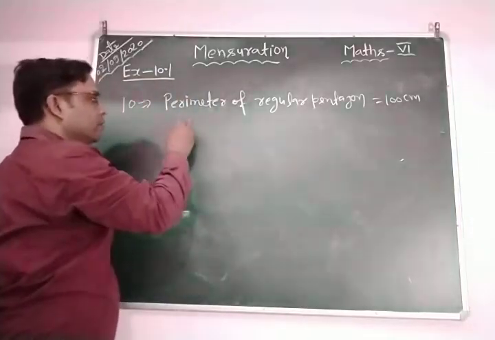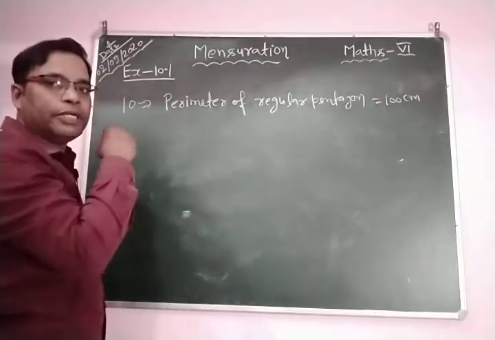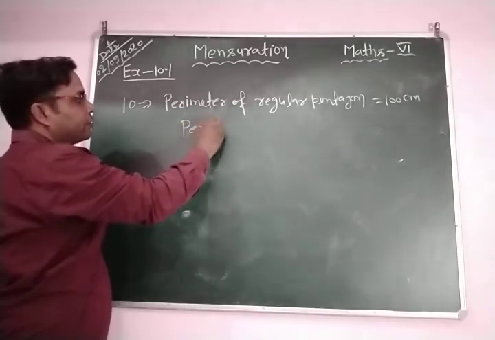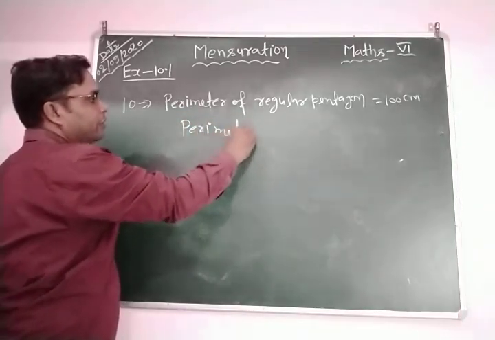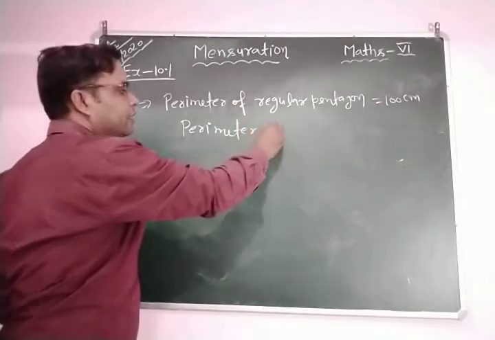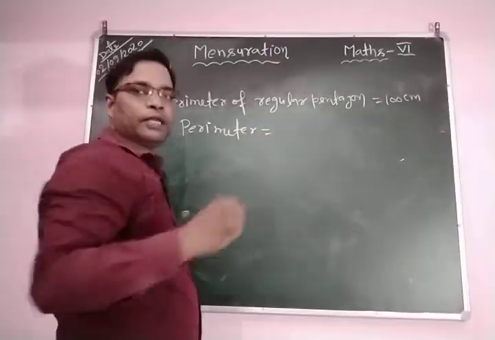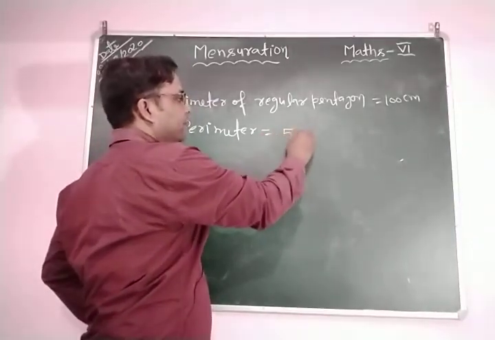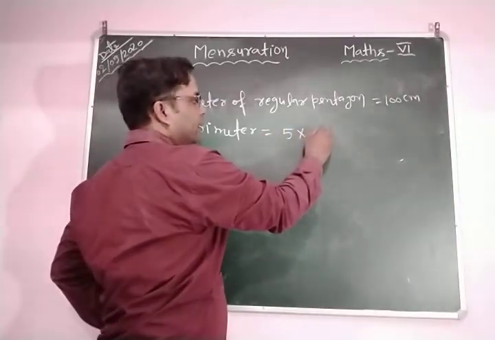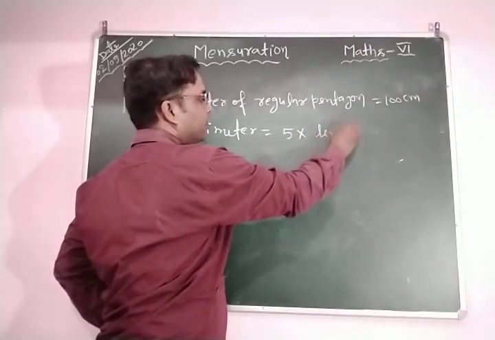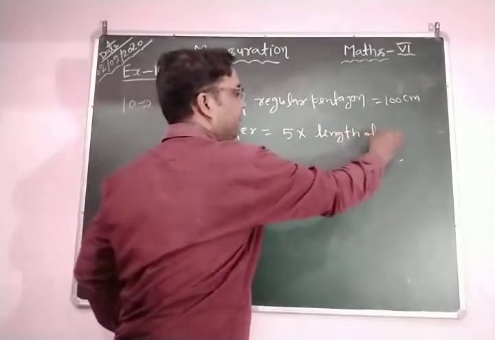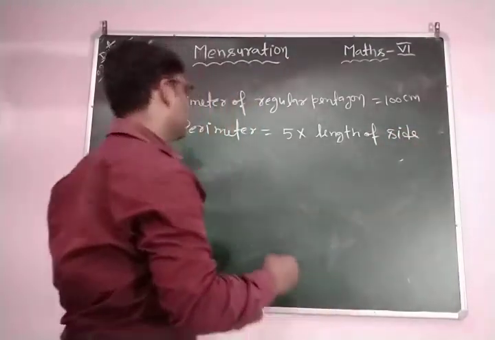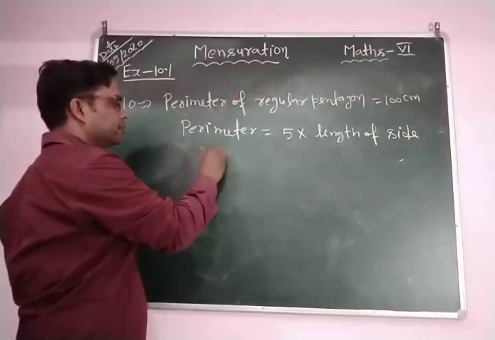We know the formula to find the perimeter of a regular pentagon. The perimeter of a regular pentagon is equal to, how many sides in a pentagon? 5 sides. So you can write here 5 into length of side.